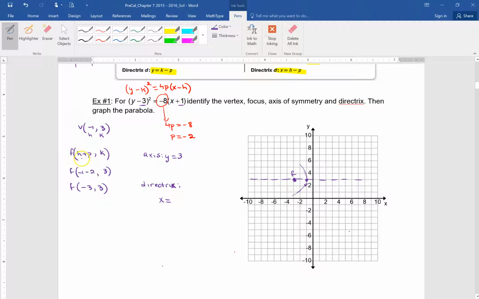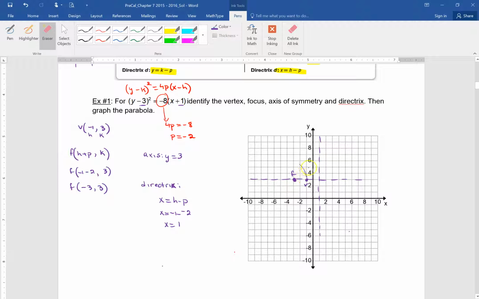And if I did h plus p here, then I got to do h minus p there. So x is equal to -1 minus -2. X is equal to 1. Okay? So x is equal to 1 right there. That's the directrix. And now I have no other choice for my parabola, so it looks like this.